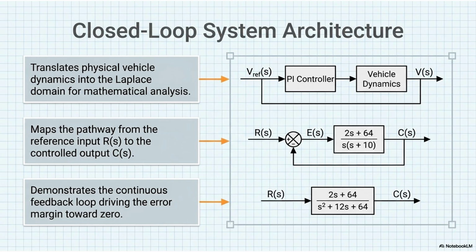We have the error signal feeding into our PI controller block, which is represented by (2s + 64)/s, and that feeds into the vehicle dynamics block, 1/(s + 10). Finally, a continuous feedback loop brings the output back to the start, driving the error margin towards 0.